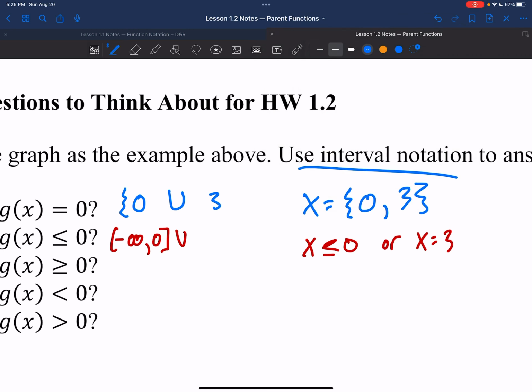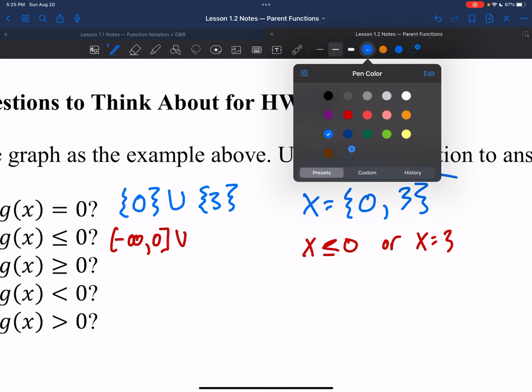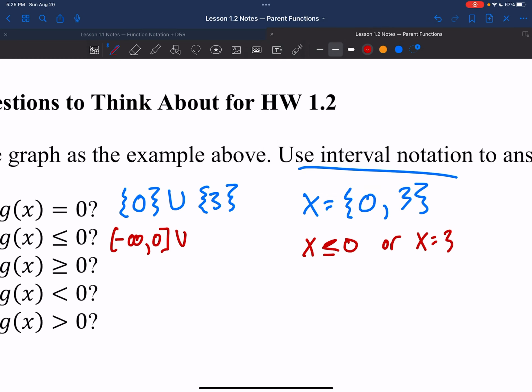It's like an item. The interval gives you the interval, but if it's just one thing in a set, you can union that with it. So the better way to write it would be with curly brackets if it's a single number. I'd say from negative infinity to 0 is your interval, unioned with the number 3. Okay?